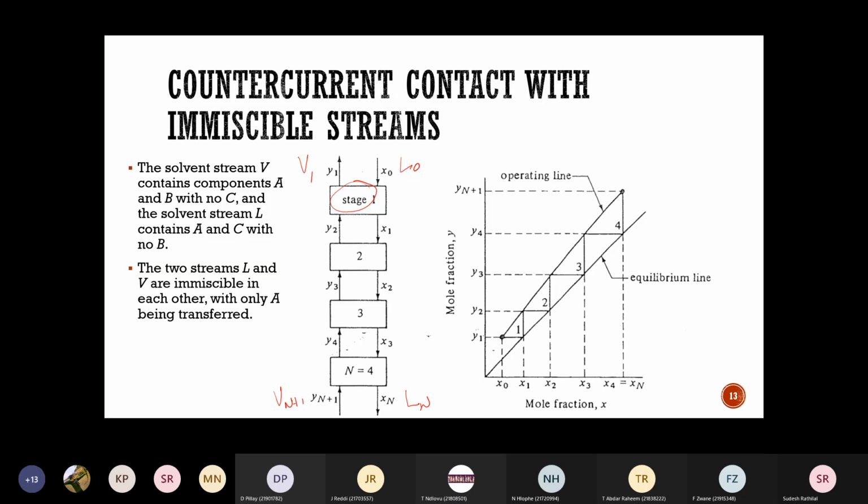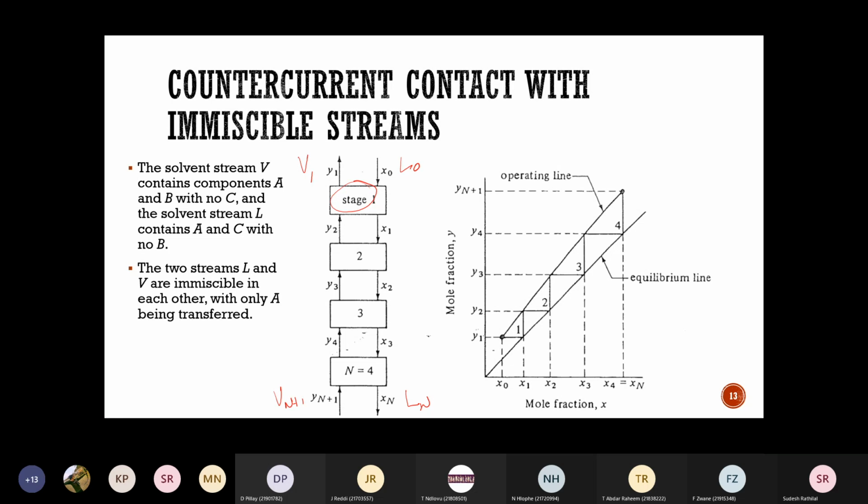So majority of stream V will have component B, and it will have some solute A. Majority of the L stream will have component C and some of the solute A. But they won't mix with each other. So you won't get, for example, component C in the V stream or component B in the L stream. The two streams, L and V, are immiscible in each other with only A being transferred.